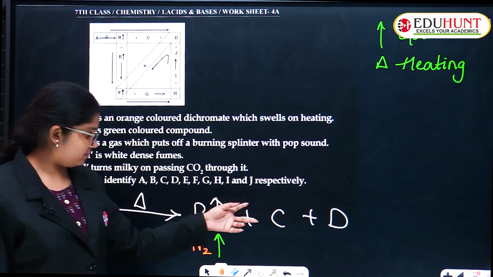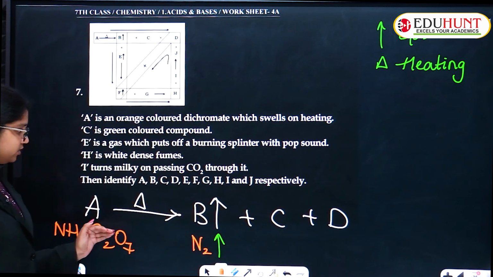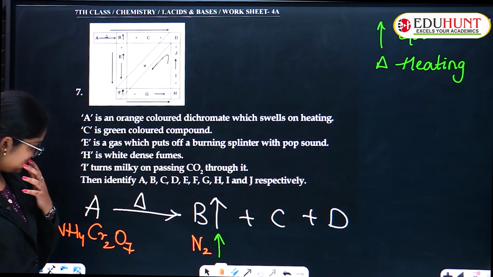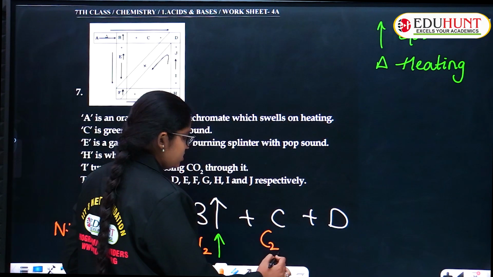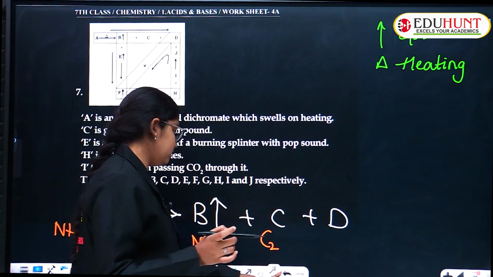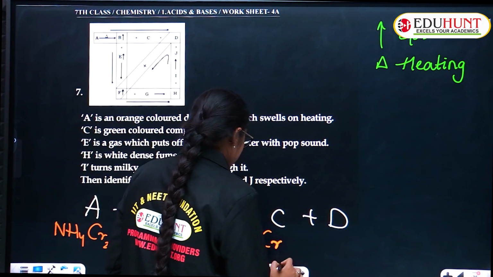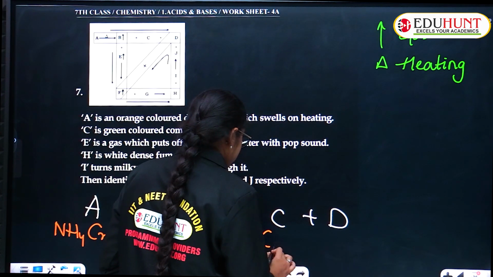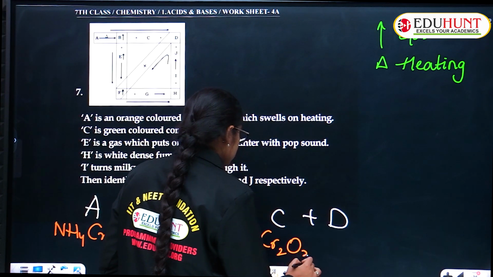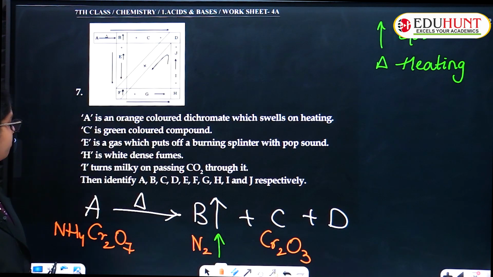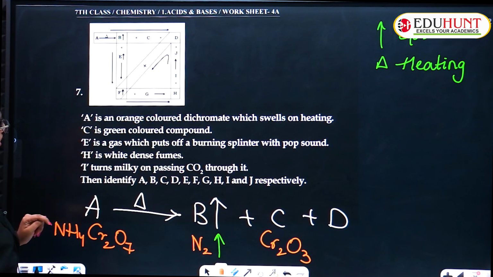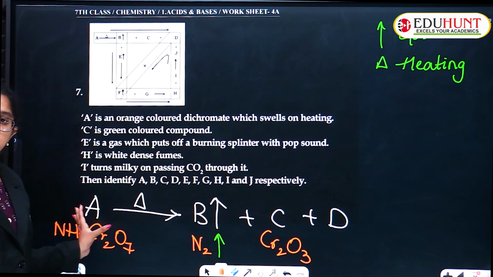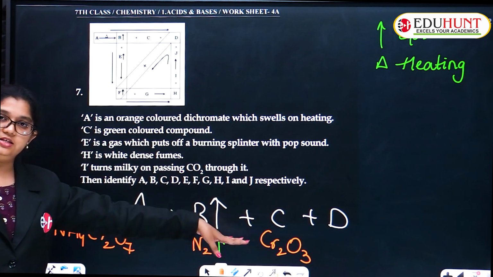So if we liberate C, it will be chromium oxide, Cr2O3, which is a green colored compound, children. And we have D, anything here? See, A gives rise to B plus C plus D upon heating.